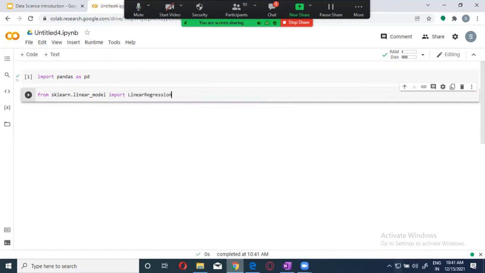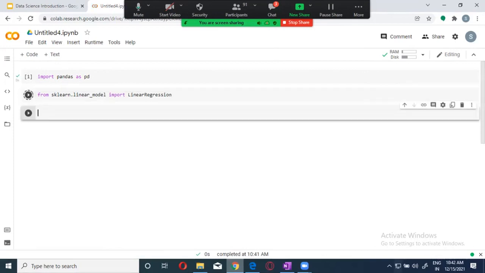I've just imported that into my editor. Now I will say linear regression, and here I'm giving it linear reg. This is what is called a model.